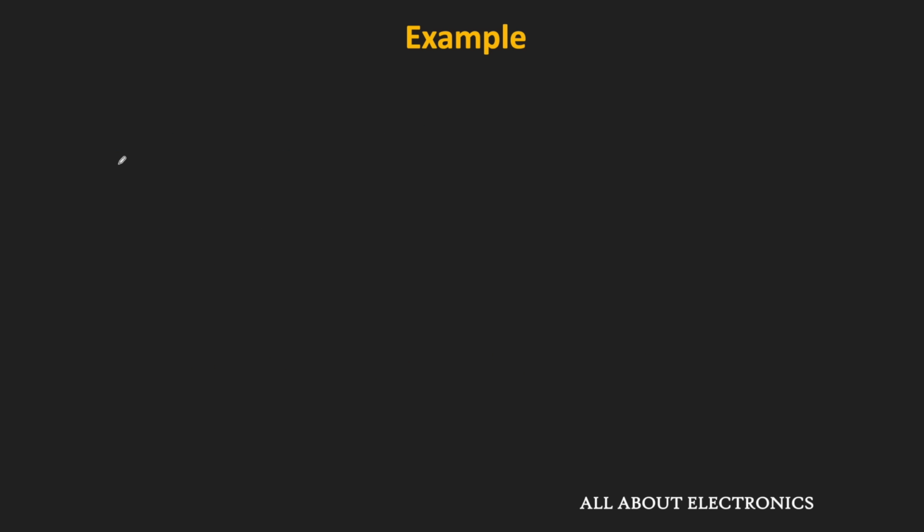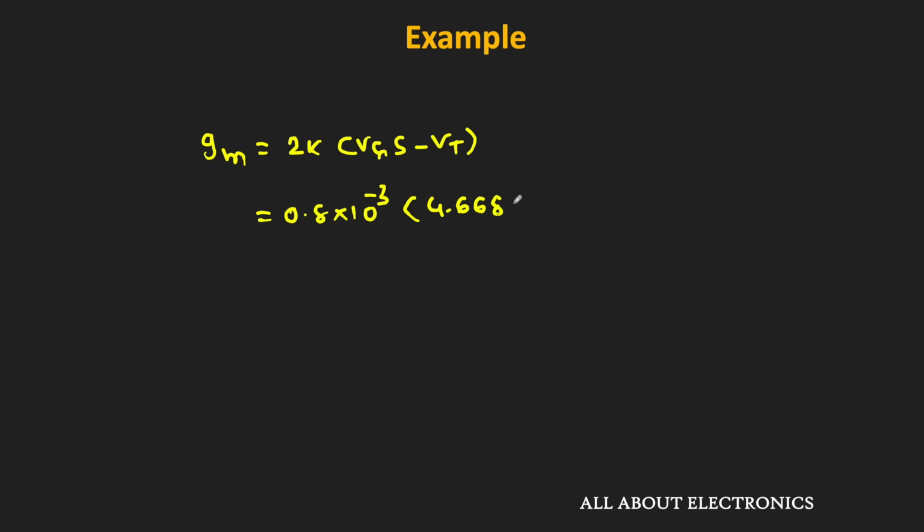And the transconductance gm can be given as 2 times K times (VGS minus VT), that is equal to 0.8 times 10 to the power minus 3 times (4.668 minus 3), that is equal to 1.33 millisiemens. So in this way, we got the value of the transconductance.